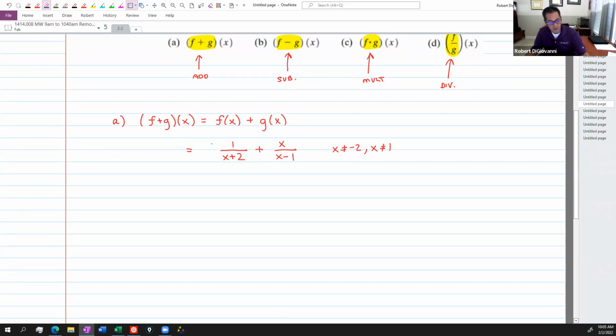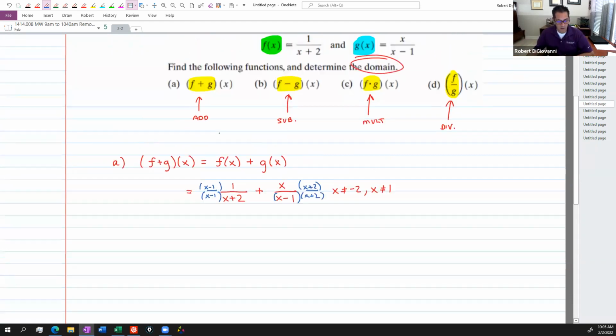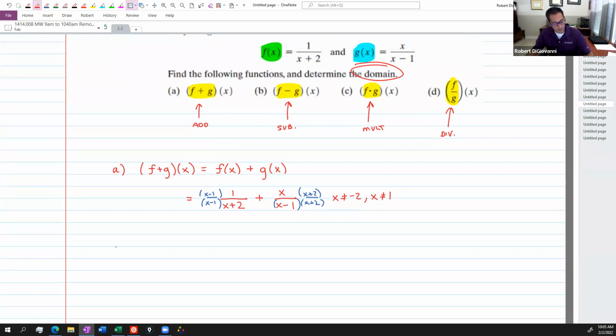I'll just tell you what you would do here. You do x minus 1 on top and bottom here. Do x plus 2 on top and bottom here. And multiply everything out, and then put them together into one fraction. For part B, the only difference between part B and A is that you have a subtraction symbol between the two functions instead of addition.